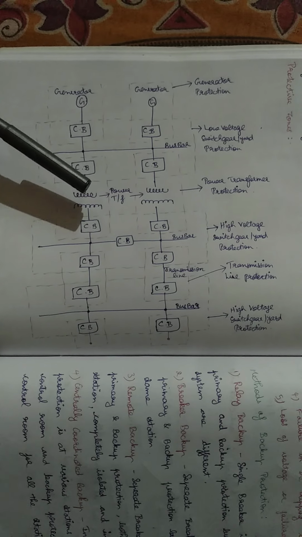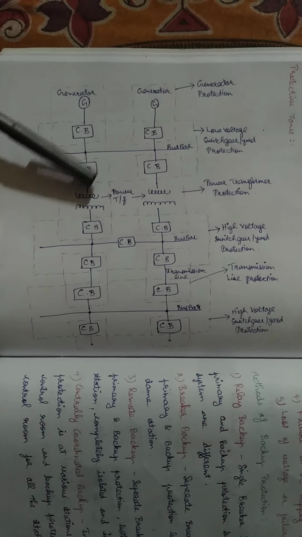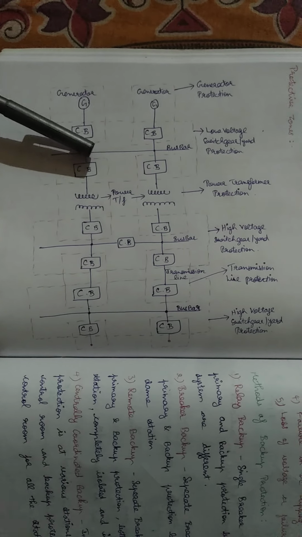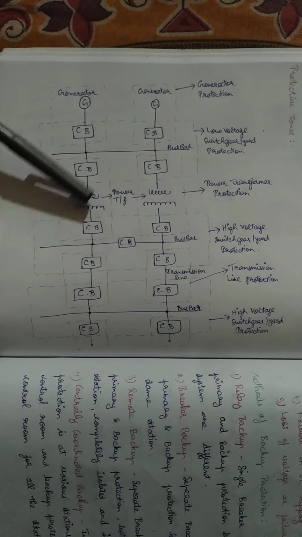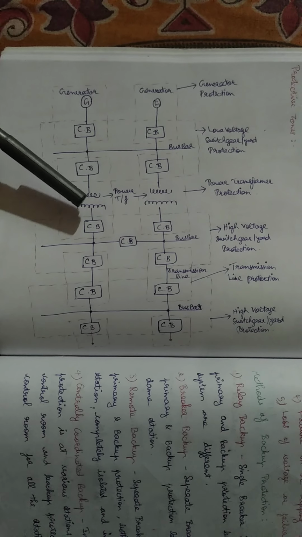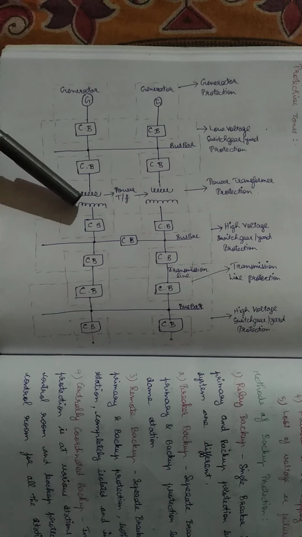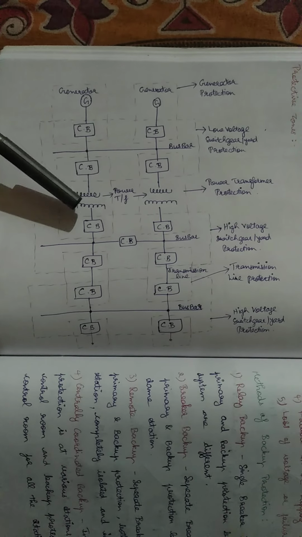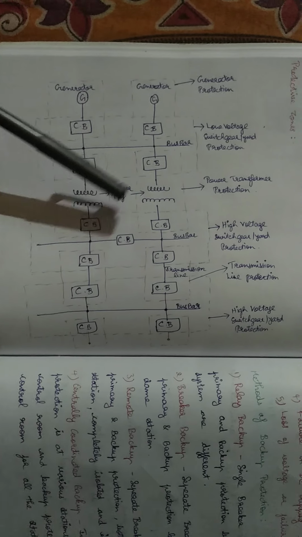Likewise for the transformer we use transformer protection, and we can also use it combined, from the bus bar to the transformer. This from the bus bar up to the transformer area, we will use as a bus protection or a bay protection. Likewise we will use it for the other areas also.